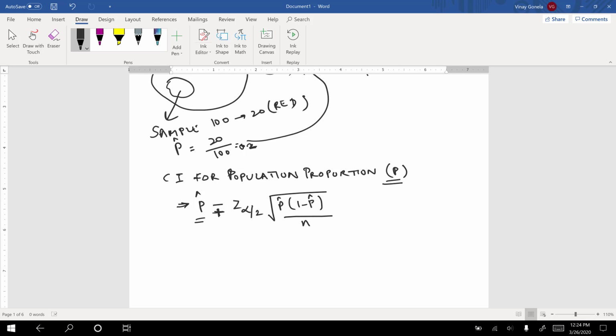Let's do an example on this problem. First I will explain this formula. P hat is the sample proportion, n is the sample size, and z alpha over 2 is our critical value.